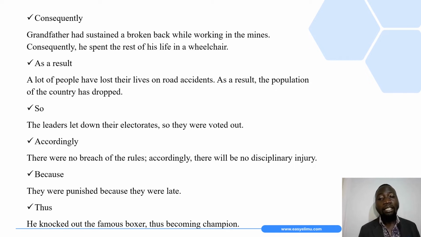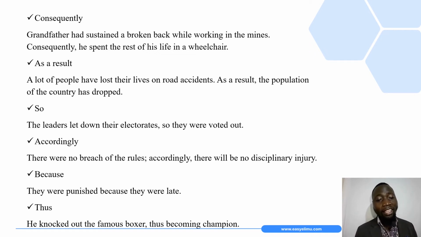Again, this gives the reason why the population has dropped. If you are asked to state the reason why the population of the country has dropped, you will answer that the population has dropped because a lot of people have lost their lives in road accidents. In that case, as a result has been used to specify cause and effect.